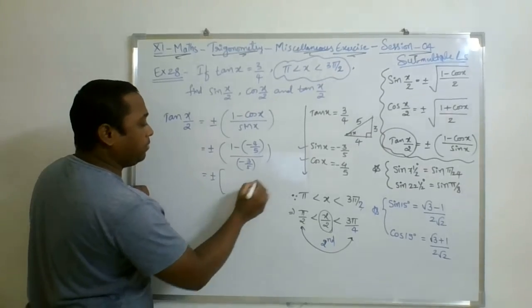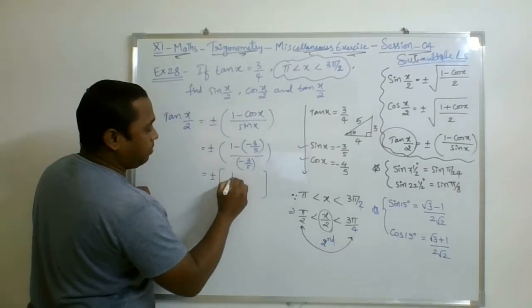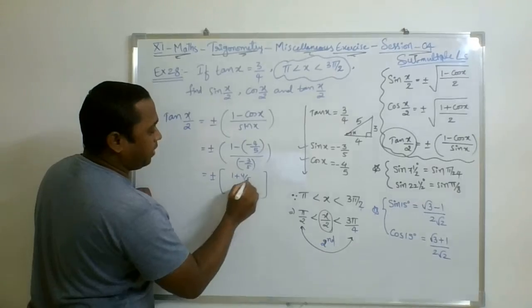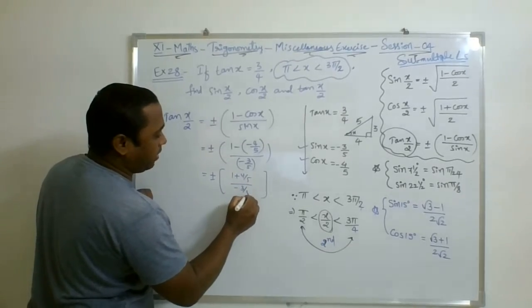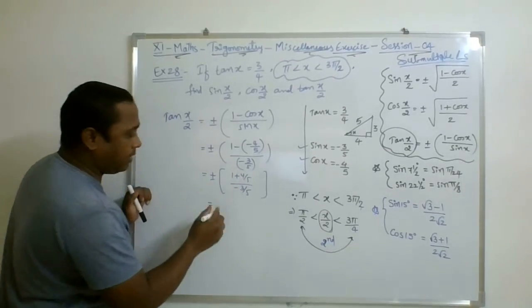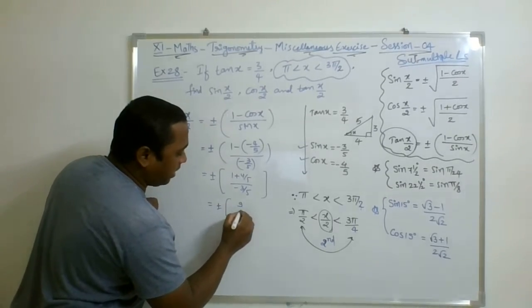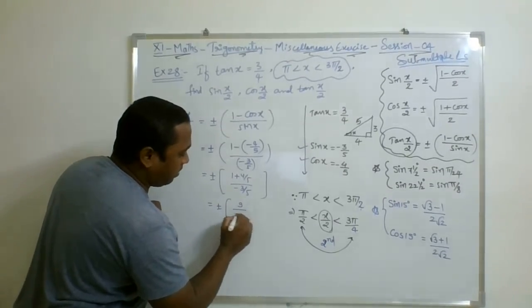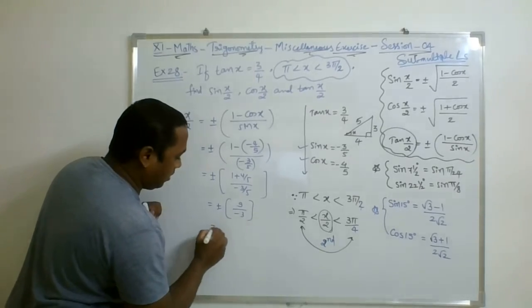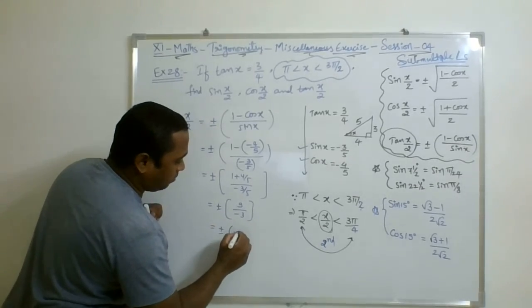Calculate properly. It becomes 1 plus 4 by 5 by minus 3 by 5. Take LCM. After LCM, you will get 9 by 5 by minus 3 by 5. 5 get cancelled. Plus minus minus 3.